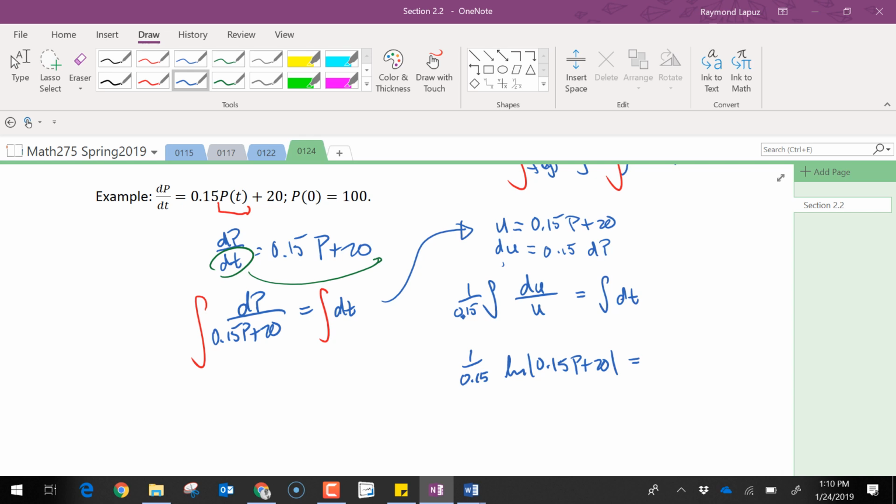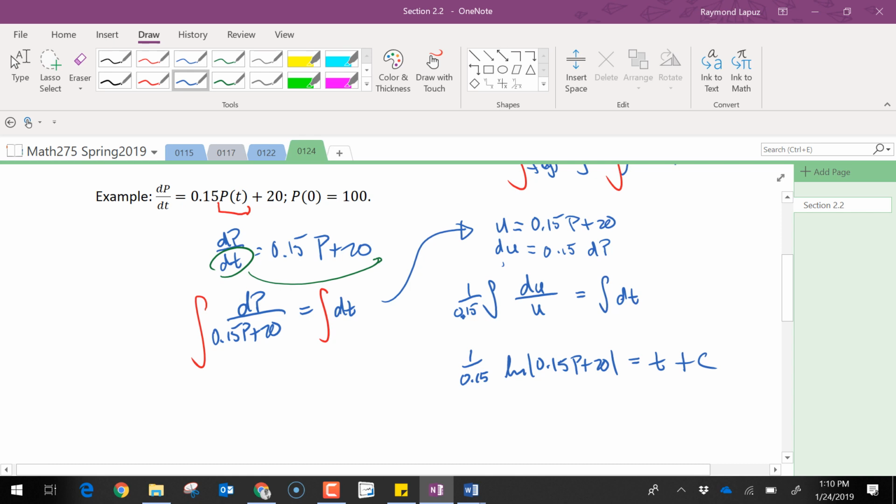But we will be able to combine c's on the left side with c's on the right side. So we're not going to do the plus c here. We'll just do the plus c on the right hand side, and then it'll be kind of combined together. So t, and then here's your arbitrary constant.